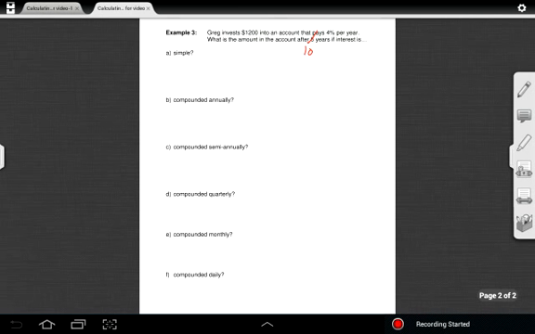N is 12 times for 10 years, 10 times 12, 120. Always years times compounding periods. So if I were to do this, I would get 1200 times 1.0033 to the power of 120.